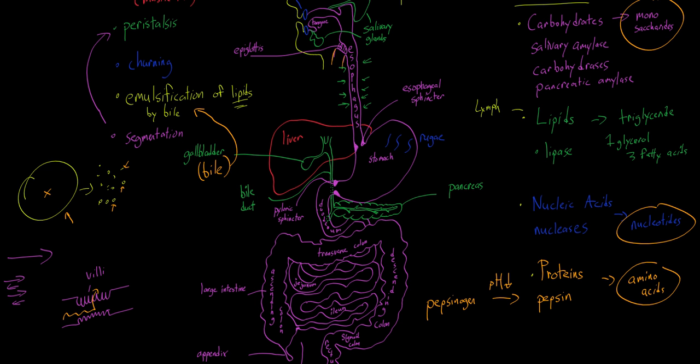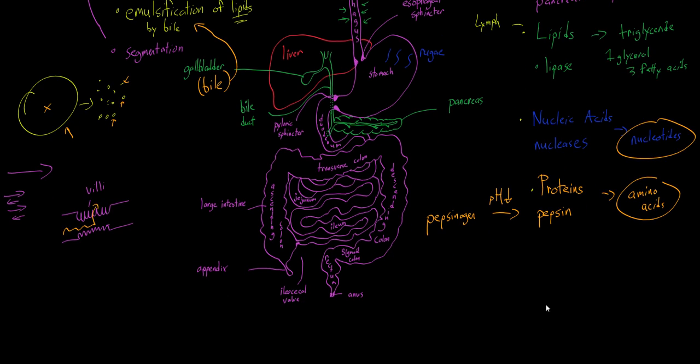For proteins, we've got more to remember. We've got pepsin already made in the stomach, but from the pancreas and the small intestine, we have other ones like trypsin. We have chymotrypsin. We have erepsin.